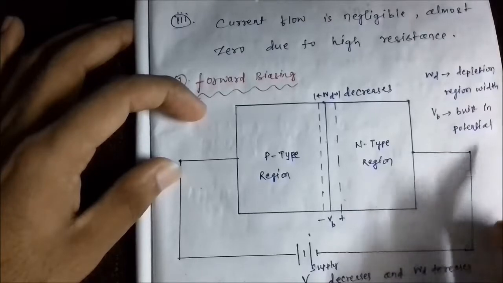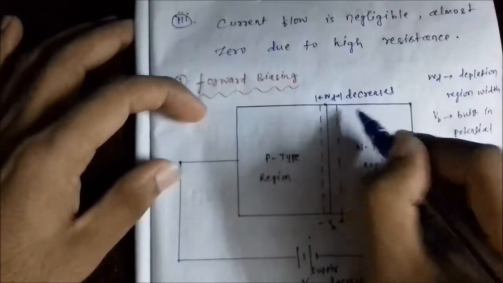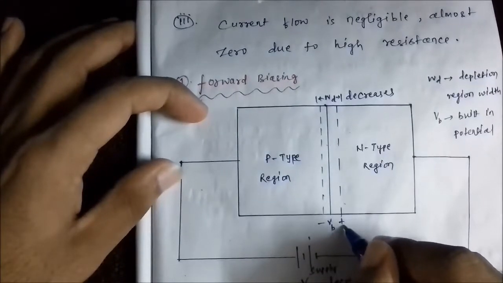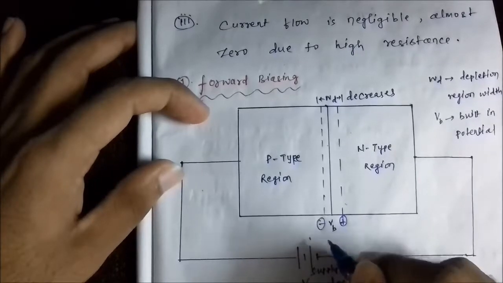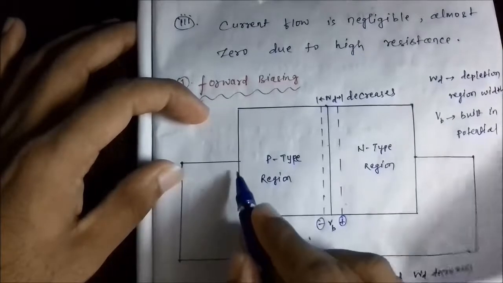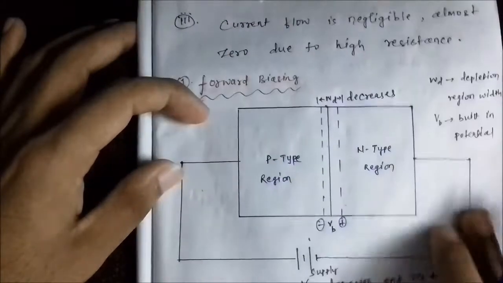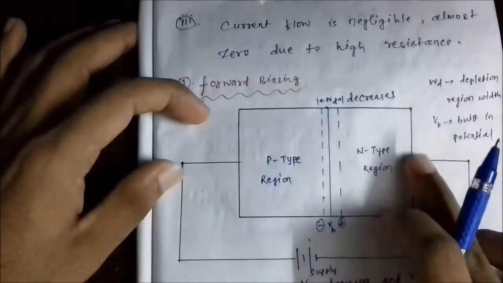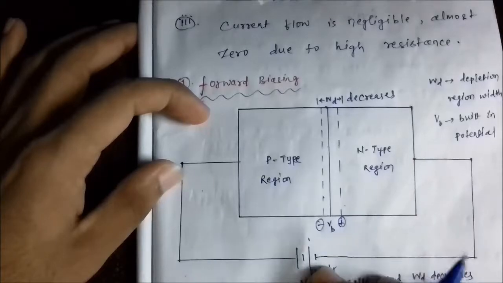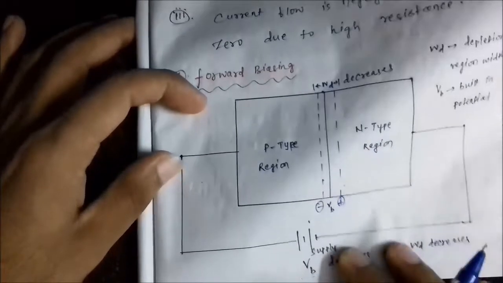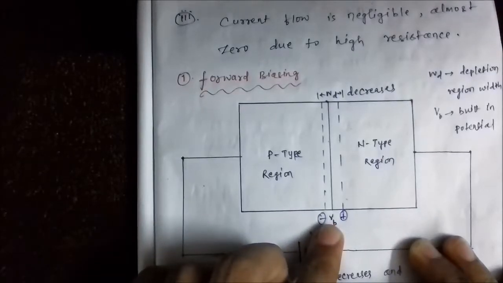Here you would have noticed that the barrier potential is from positive to negative, but here we are applying the potential with the p-type positive and the n-type end connected to the negative terminal. So this electric field generated by the supply voltage is in the opposite direction to the barrier potential.